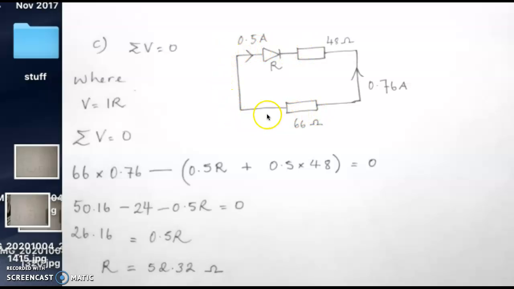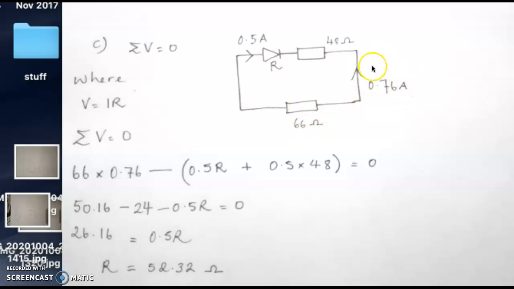And you can see that what I'm going to find is that this PD plus this PD plus this PD is going to equal 0. So let's see how that works mathematically. In this direction, this PD is equal to 66 times 0.76.